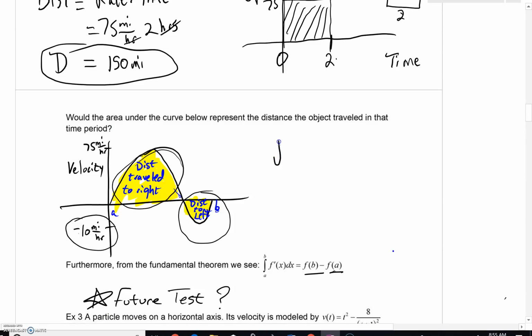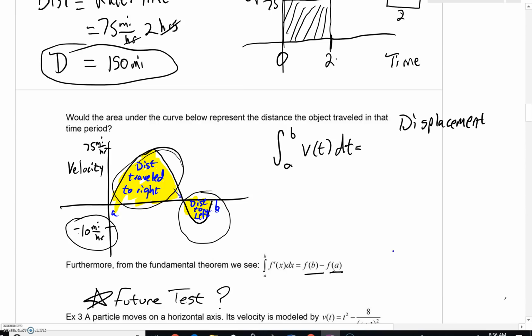So here's what we need to be aware of. If we're integrating from a to b of v of t dt, this is displacement. This is where you have net area. And your positive area could cancel with your negative area.